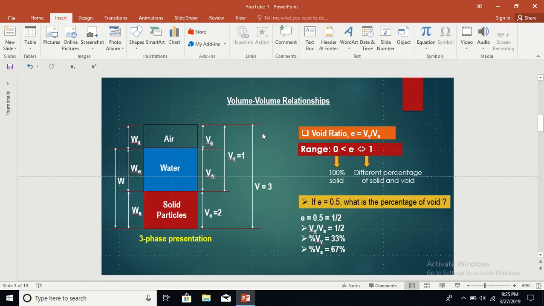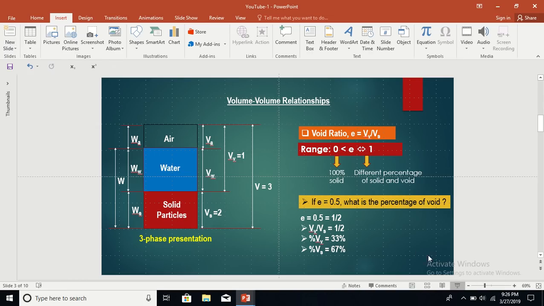So the percentage of void now would be 1 upon 3. Compared with the total volume of soil, the percentage of void is 33% and the percentage of solid is 67% when the void ratio is equal to 0.5.